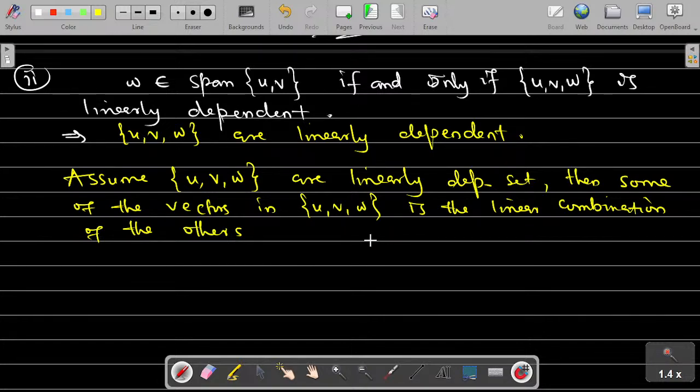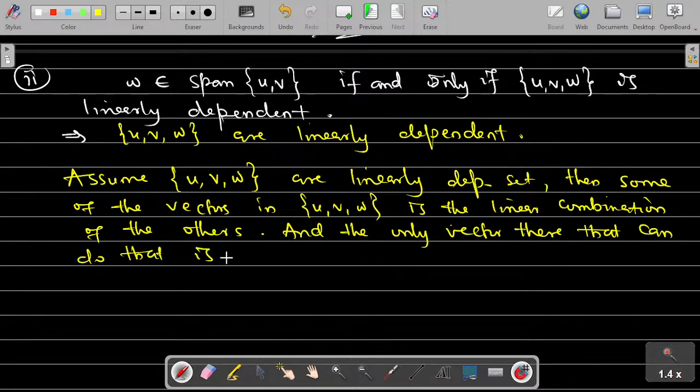So what it means, full stop, is that the only vector there that can do that is W. Why is it so? It must be W that can do that. And what is the reason?